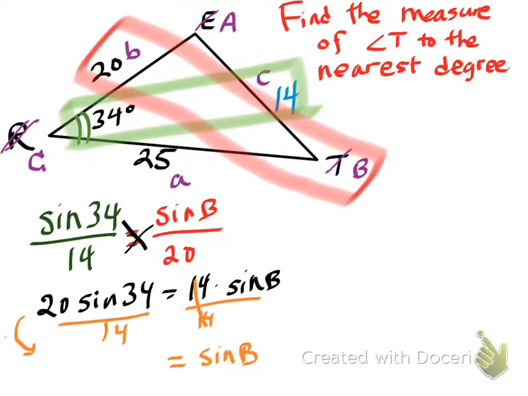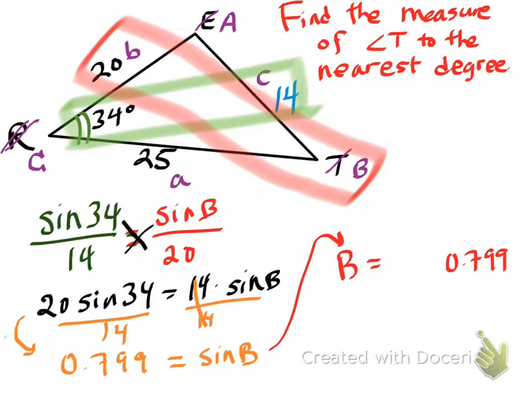0.799 approximately. That's the value of angle B's sine. So to find the value of B proper, just B itself, all I've got to do is invert this equation. So I'm going to put angle B where the ratio was, I'm going to put the ratio where the angle was, and when I switch around my input and output, I have to give an inverse function for that to occur.